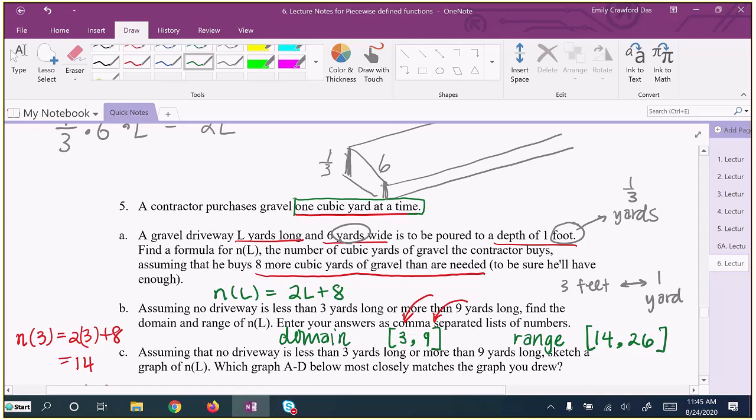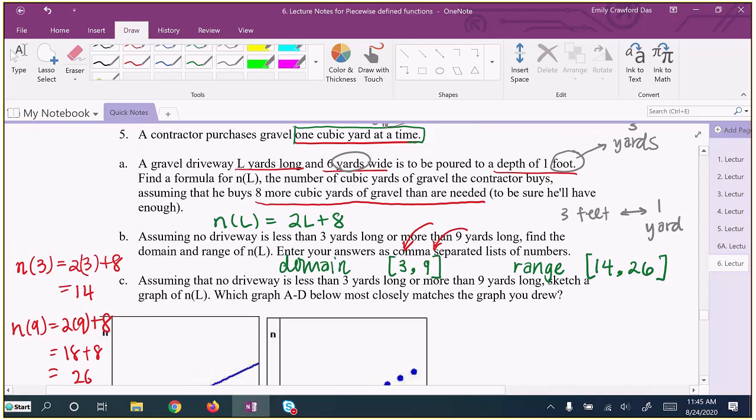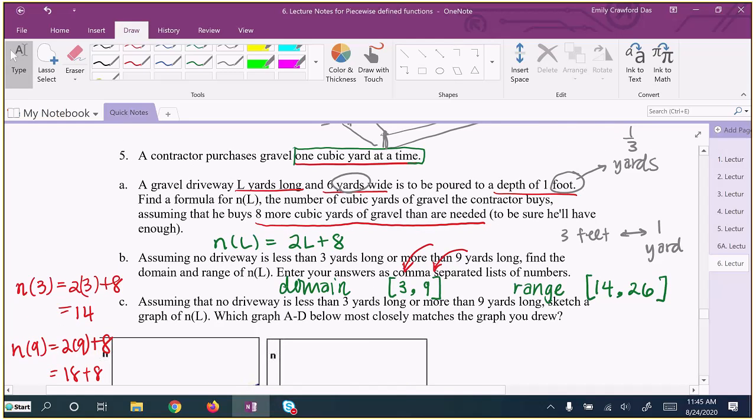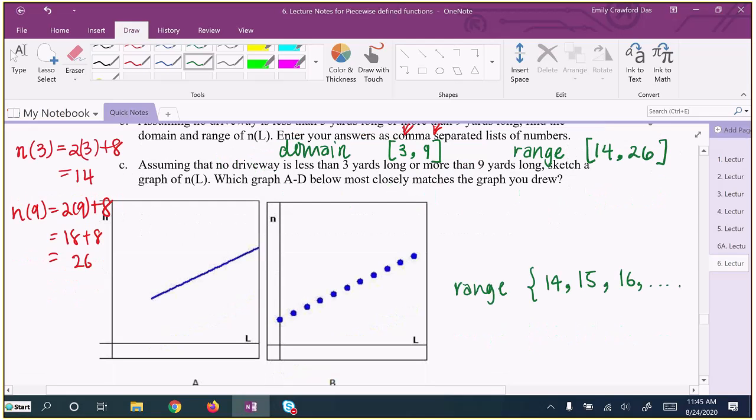And that's not exactly right, because according to this, he's only going to purchase gravel 1 cubic yard at a time. So what do we need to do? We need to rethink this just a little bit. Our range should only be able to be the integers between 14 and 26. 14, 15, 16, all the way up to 24, 25, 26.